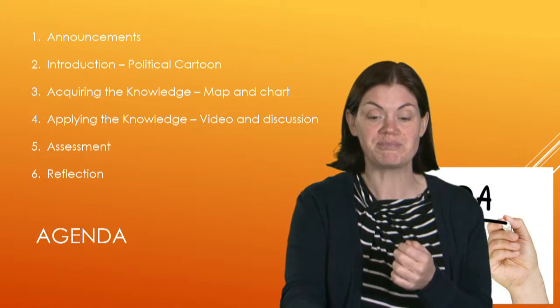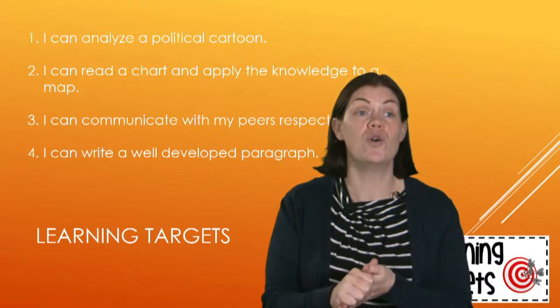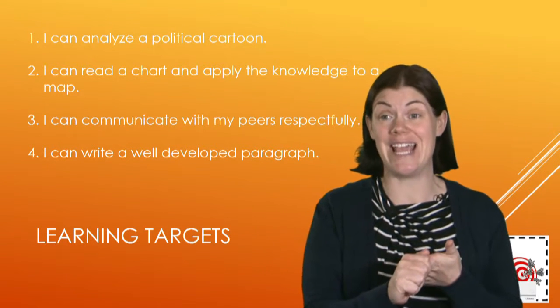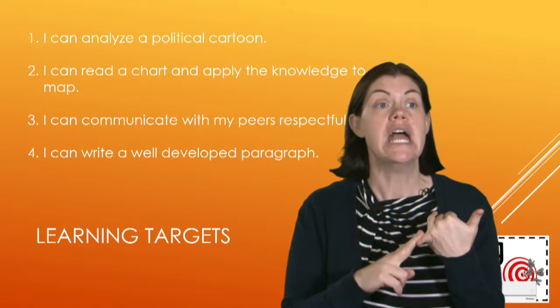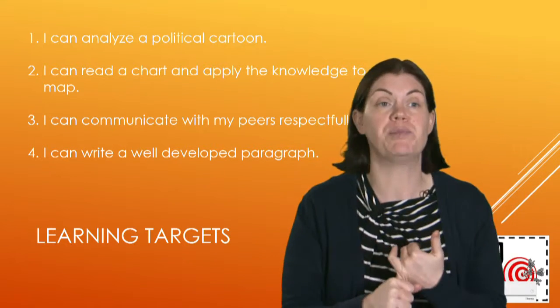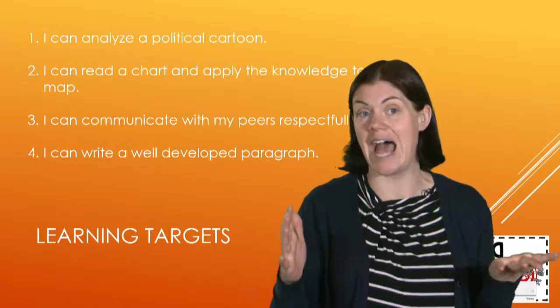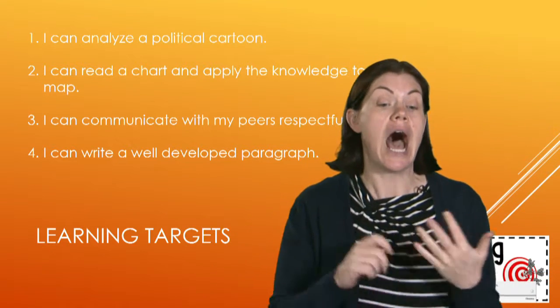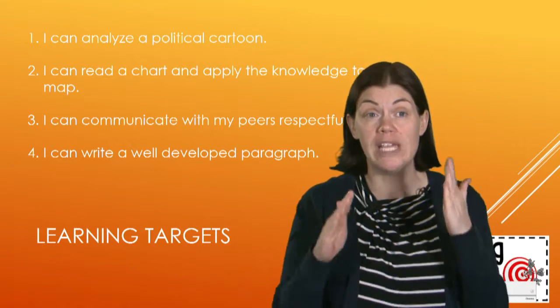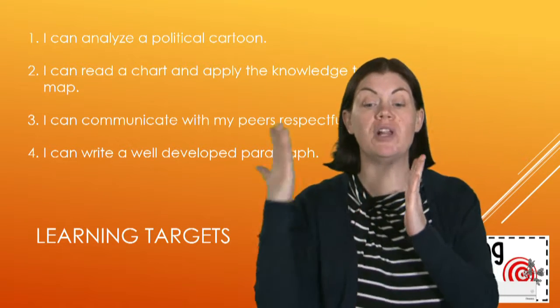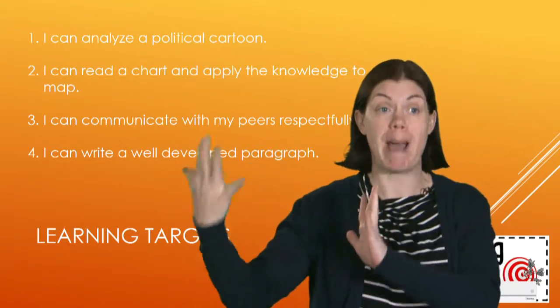All right. So here are your learning targets for today's class. Number one is you can analyze a political cartoon. We're going to go back to that as well. Number two is that you can read a chart and then apply that knowledge to your mapping skills.